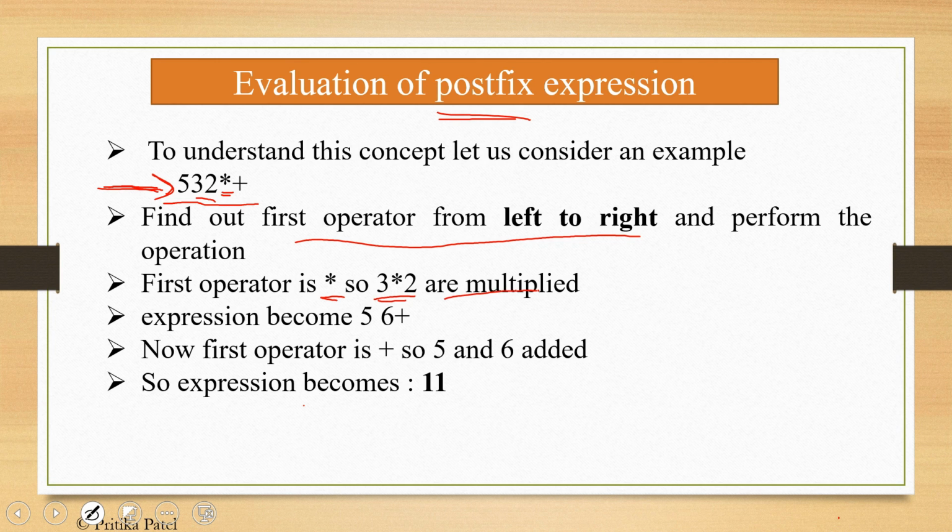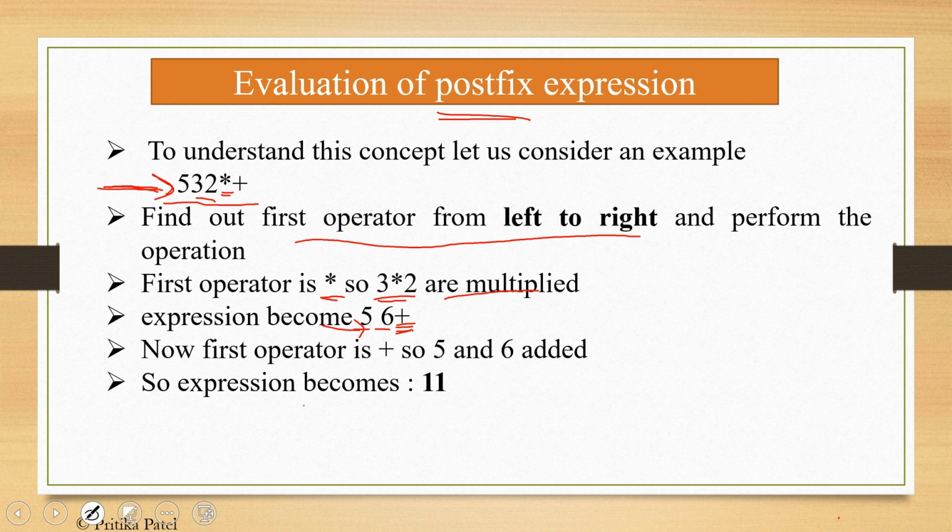So our expression becomes 5 as it is, then 3 into 2 is 6, and the operator plus. Now again check our expression from left to right: first 5 is there, then 6, and then we get the plus operator.